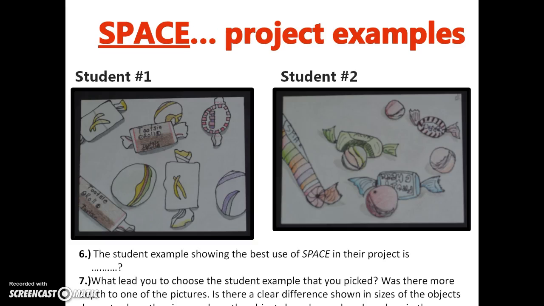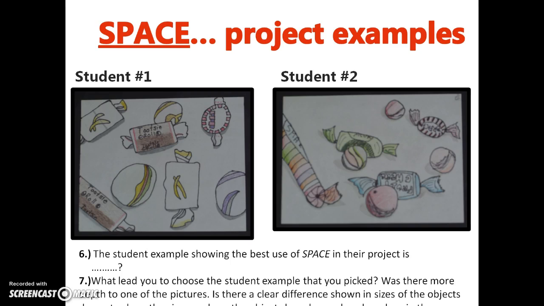Again, on this slide, these are some student examples showing the element, or, not the principle, I'm sorry, the element of space. So, for question number 6, the student example showing the best use of space in their project is student 1 or student 2?